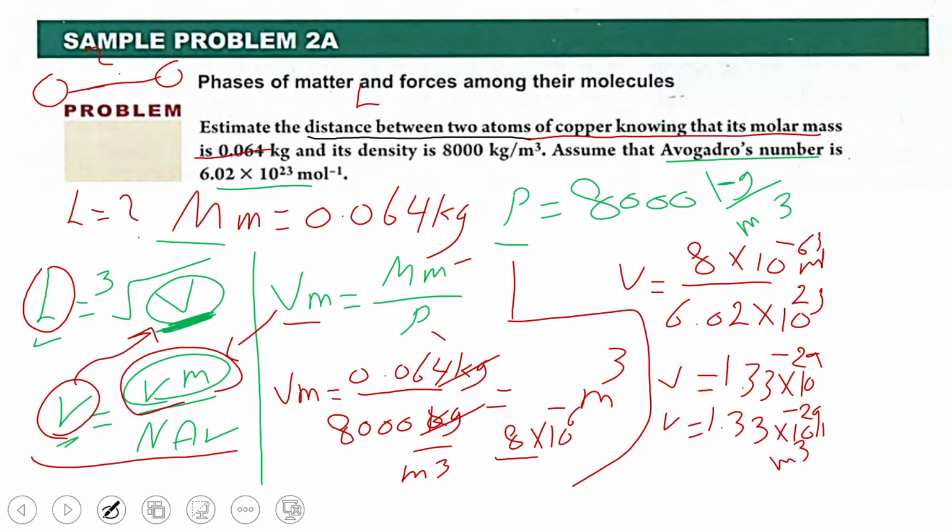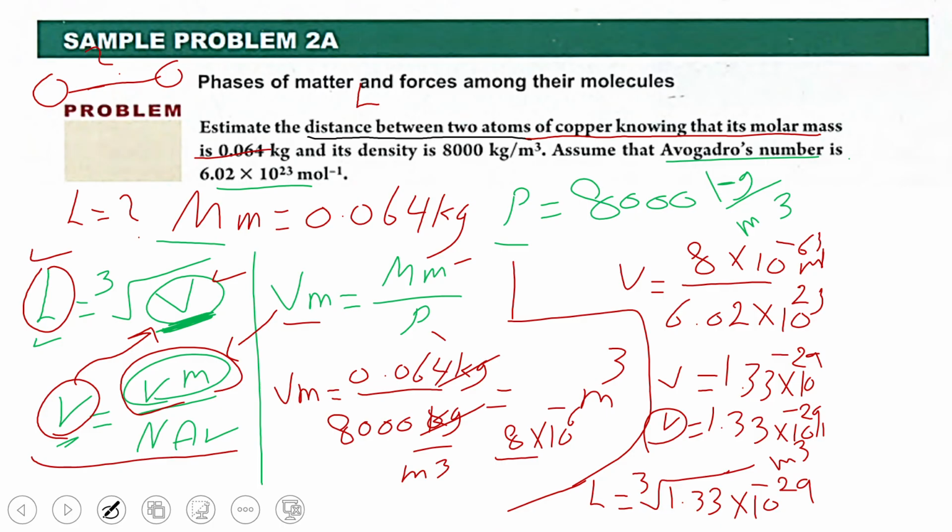Now, with the last rule, we've got V, so put the value of V in here and you can easily find the distance between the atoms. L equals the cube root, meter cube, power 3, of 1.33 times 10 power negative 29.